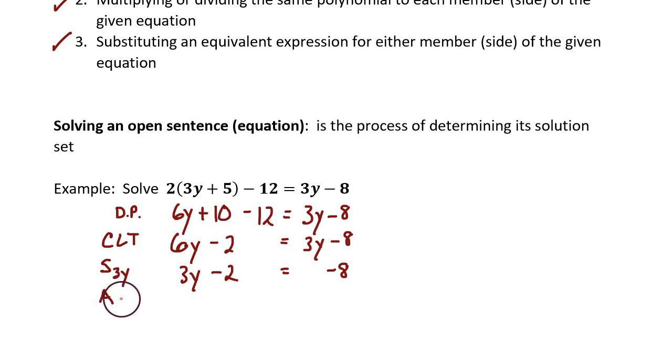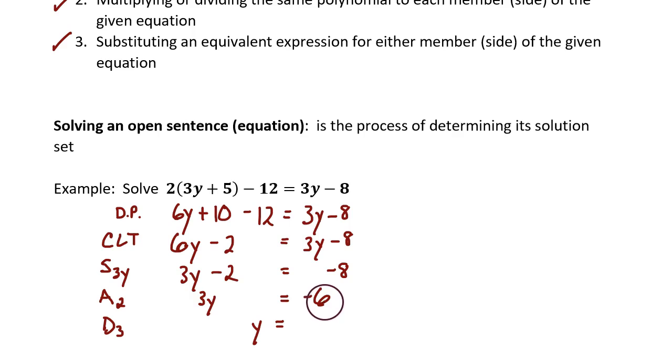Next, let's add 2 to both sides of the equation. Negative 2 add 2 makes 0. On the right side, negative 8 add 2 is negative 6. Next, let's divide both sides by 3. 3y divided by 3 makes 1y, or just y.